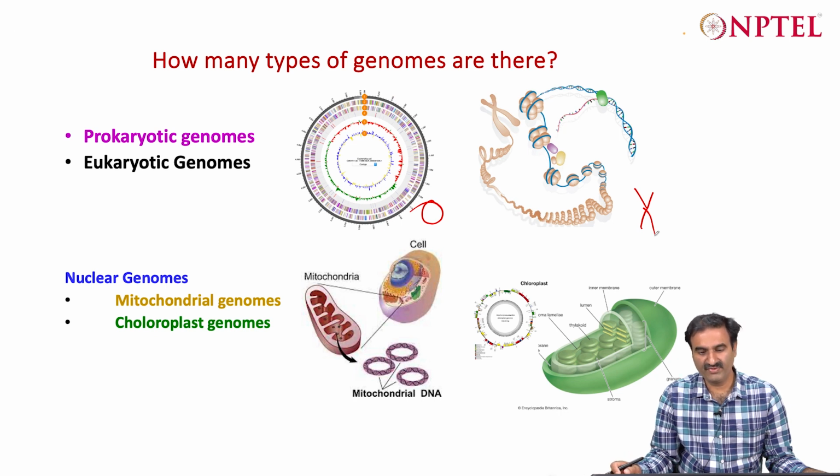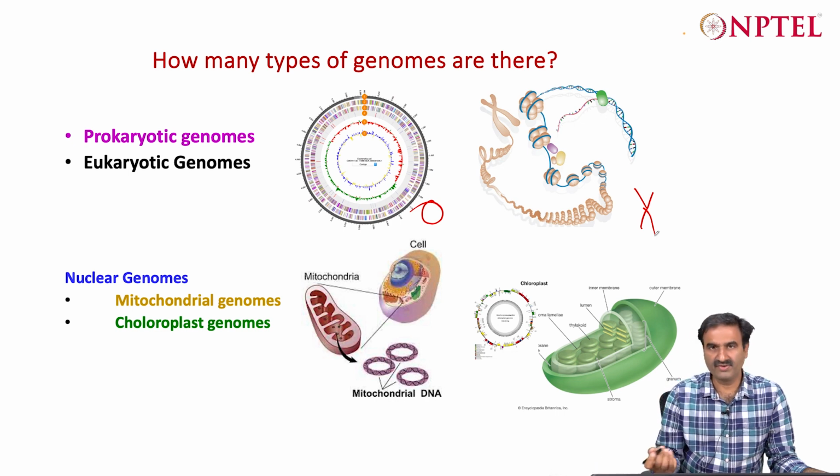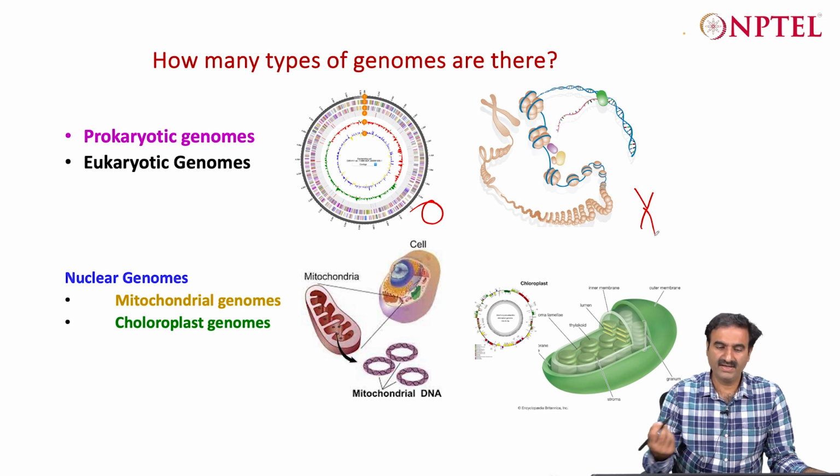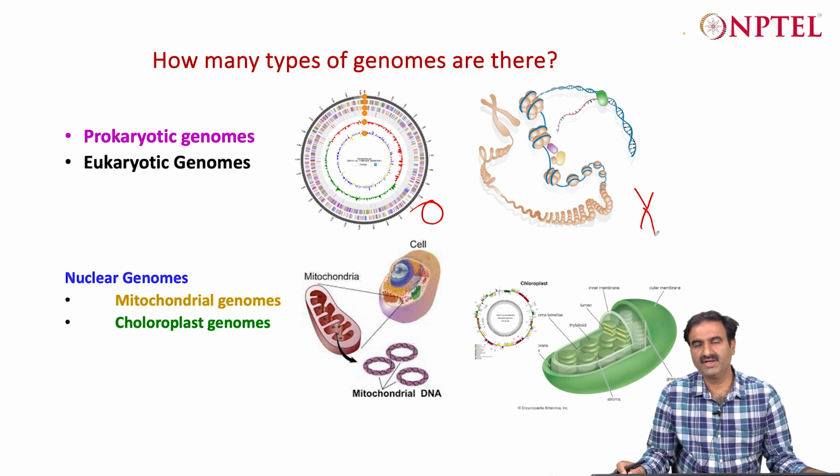And the types of genomes: one is the nuclear genome, the DNA present inside the nucleus, and there is extranuclear DNA present in mitochondria in animal eukaryotic cells, and also the chloroplast in plant cells, and both of the DNA of chloroplast or mitochondria have prokaryotic origins. Similarly, prokaryotes also contain plasmids, which are extra chromosomal DNA for them.